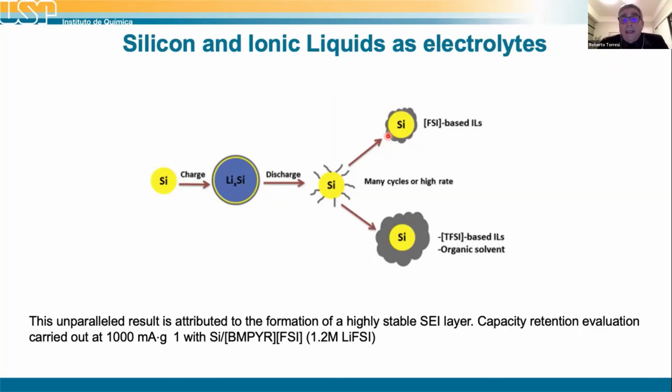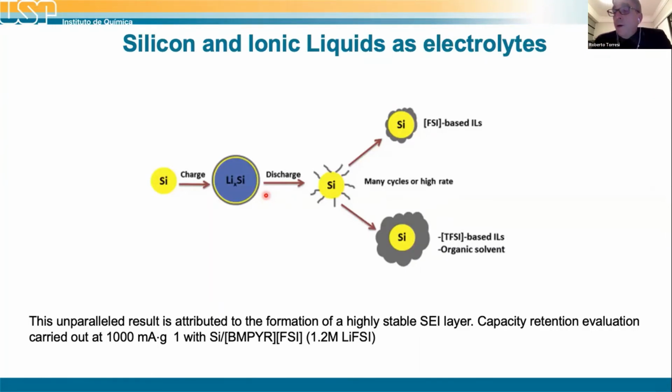So it seems that when you have the ionic liquid, you have a better protection, and this layer also has some kind of influence on this change of volume in the case of the silicon electrode.